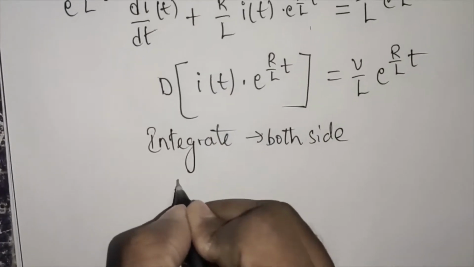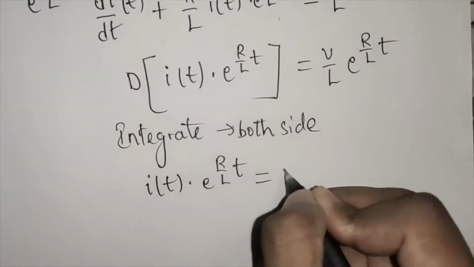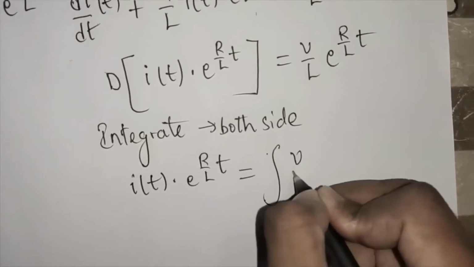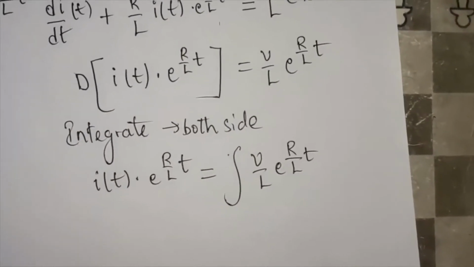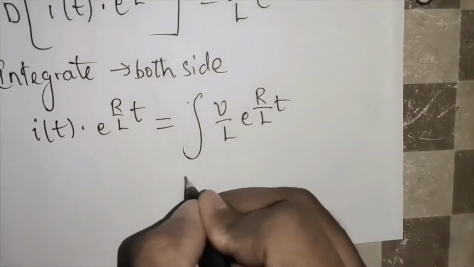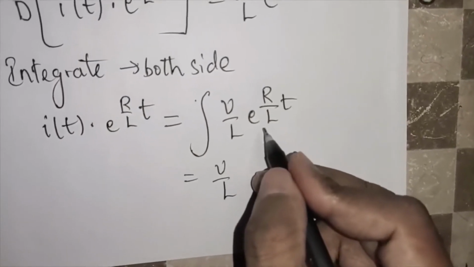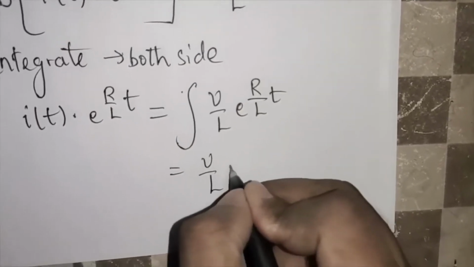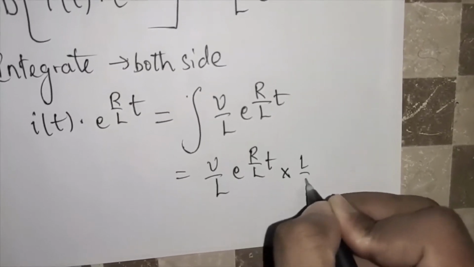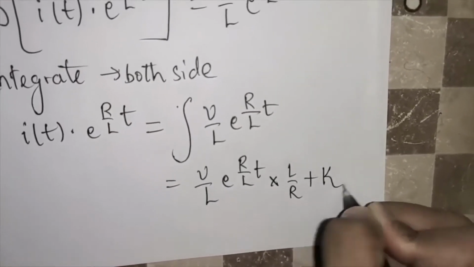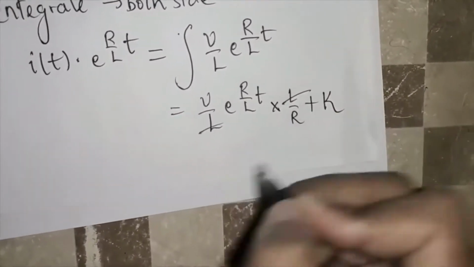So I will get I of t into e power R by L into t is equal to integral V by L into e power R by L into t. If I integrate this, V by L is a constant. Integral e power at is e power at by a. So it is e power R by L into t into L by R, plus we will have some constant k. Here L will get cancelled.